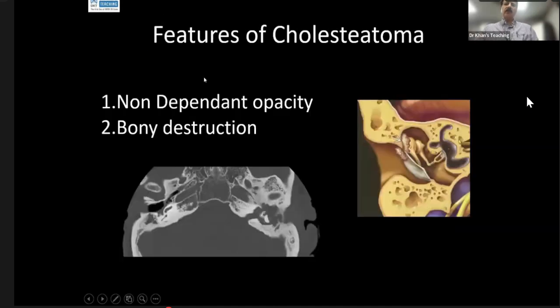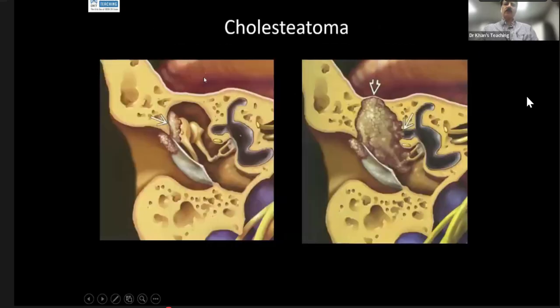So with that background, if you see this picture here, what is happening? This is a classical cholesteatoma, which is at the Prussak space. This is a pars flaccida cholesteatoma. So if you are an ENT specialist and you are doing otoscopy here, you will actually see it, a pearly white type of appearance.